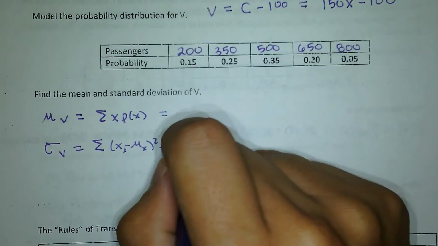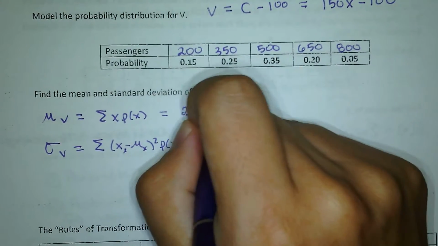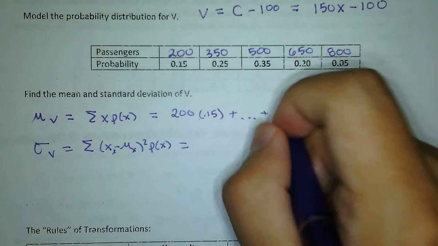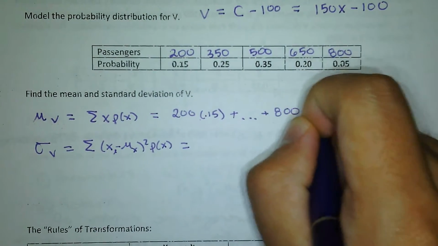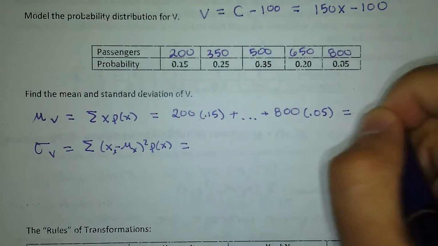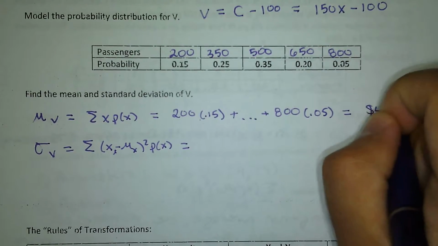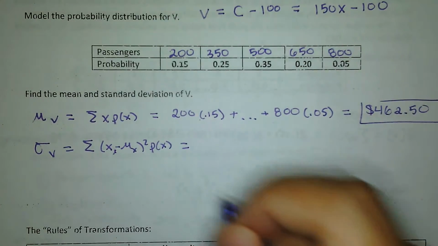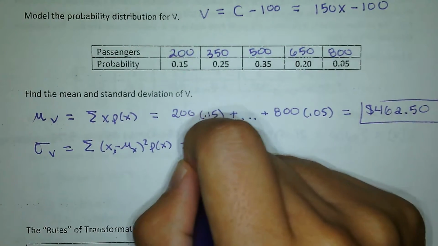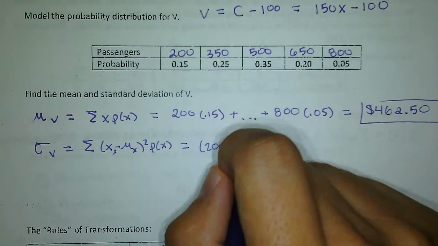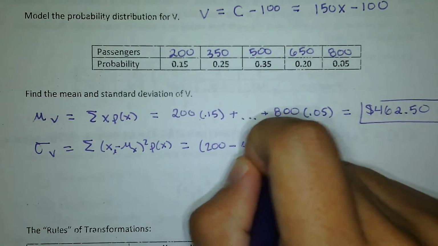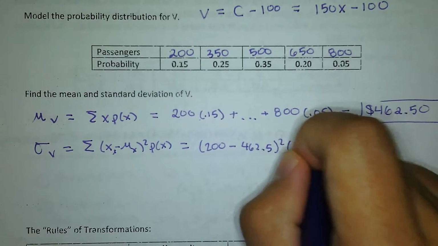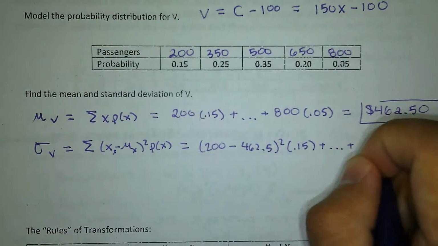So we do this 200 times 0.15 plus dot dot dot, the ellipsis, all the way up to 800 times 0.05, which from our calculator output gave us $462.50. Box that up. And then our standard deviation, again, 200 minus the mu here of 462.50 squared times its probability, 0.15 plus dot dot dot plus.